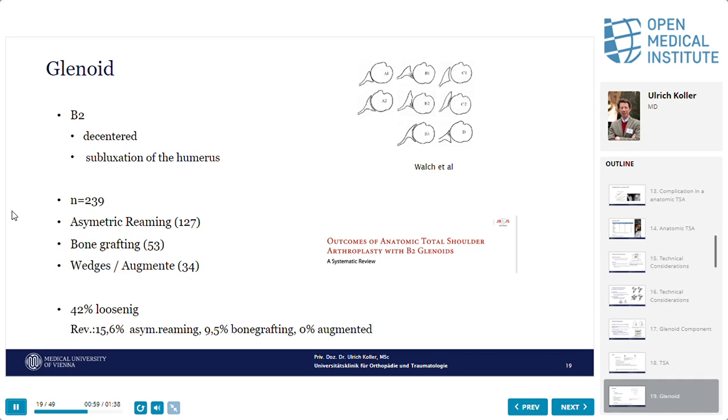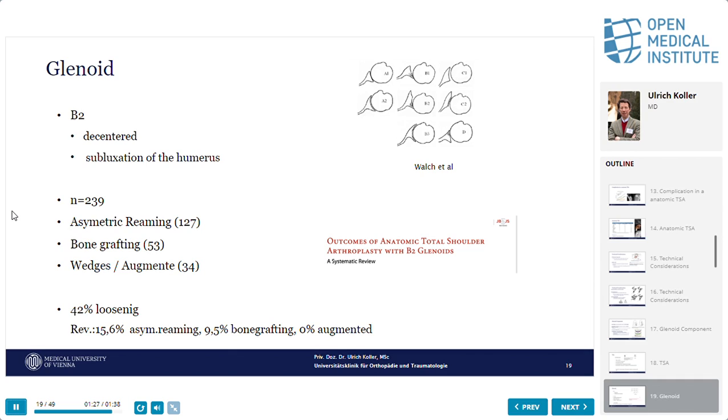When I do an asymmetric reaming, first of all, I try to correct the version of the glenoid. But when I do that, because of too much posterior subluxation, I have a lot of medialization of the glenoid and the head, so I don't get enough tension on the cuff, and then I have this rocking horse. That's why that's the biggest group of loosening.